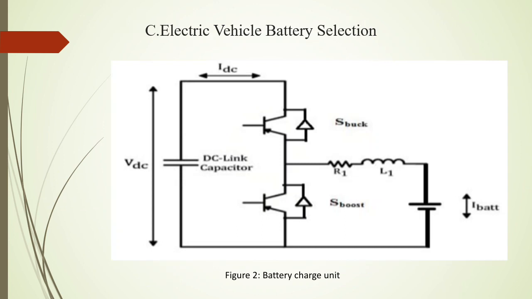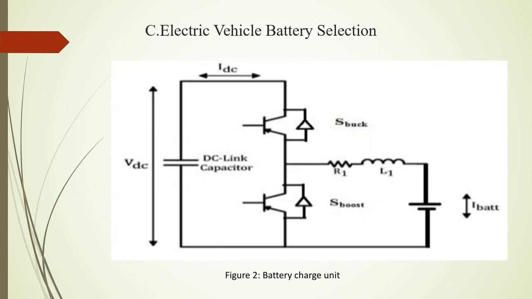In this diagram, it consists of two IGBTs. One IGBT is operated for buck operation and the other IGBT is operated for boost operation. The main application of the buck-boost converter is as a regulated DC power supply where both positive and negative polarity outputs are desired with respect to the charging or discharging function of EVs in the charging station.